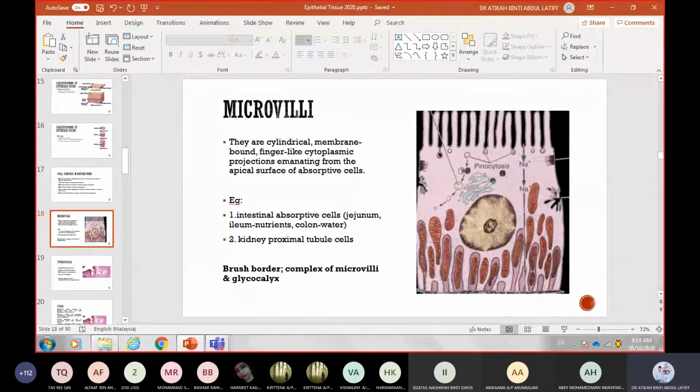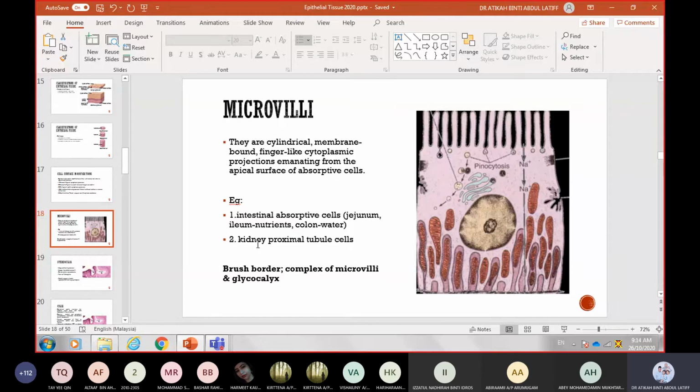That's why you have a lot of microvilli. These are your microvilli, these processes. This is the columnar epithelial type, you can see the shape, with microvilli at the apical surface. This is your base and this is your apical surface with the microvilli.